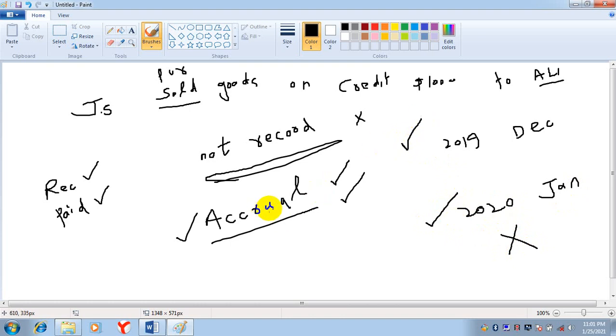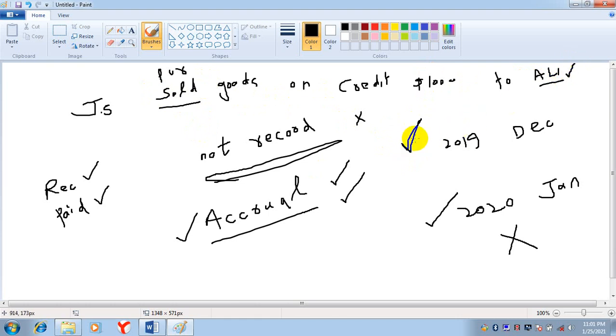According to accrual basis of accounting, a transaction will be recorded in the books when the ownership is transferred. Now ownership is transferred in 2019. When you sold goods to Ali, ownership is transferred to Ali.